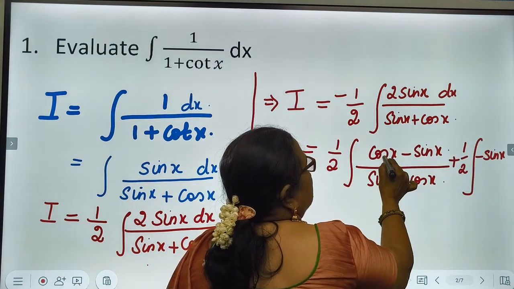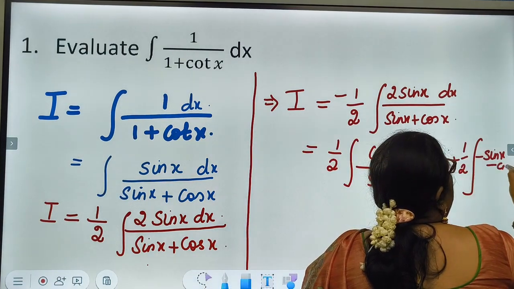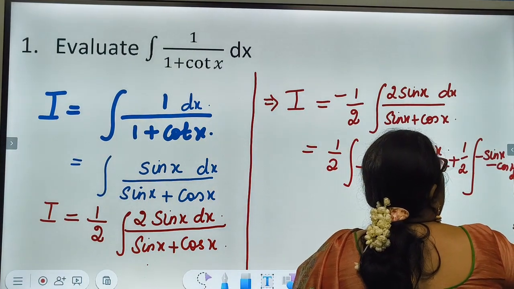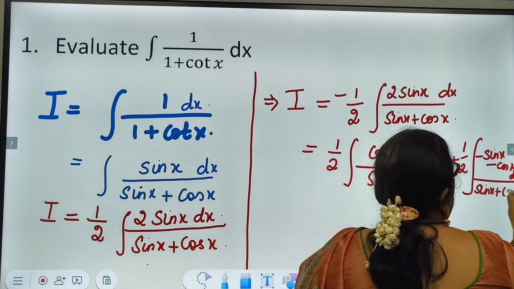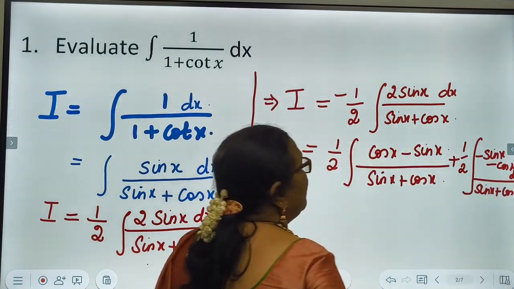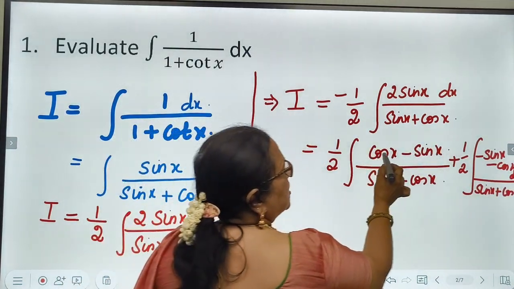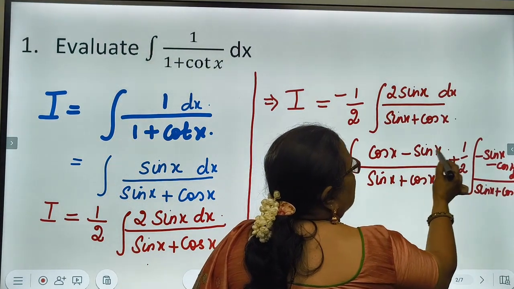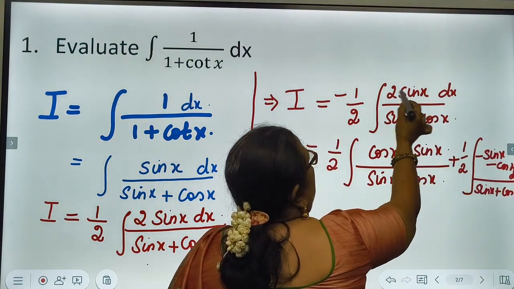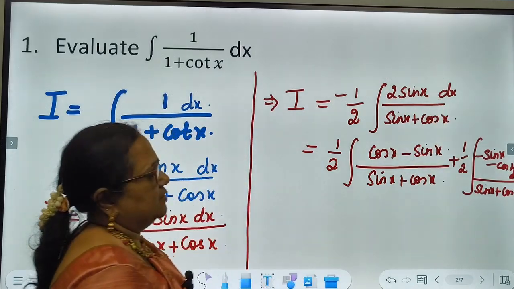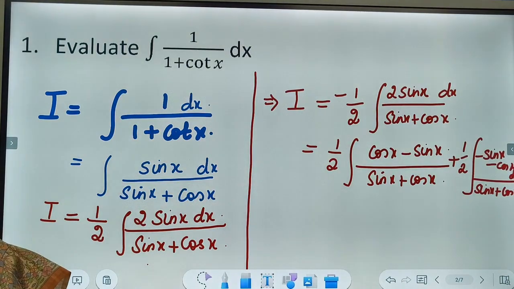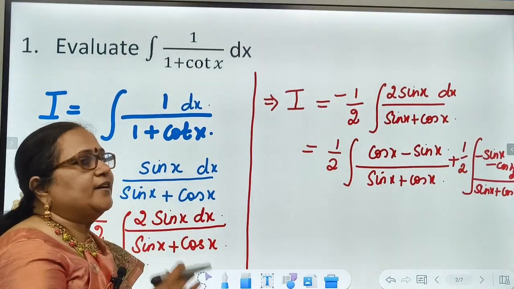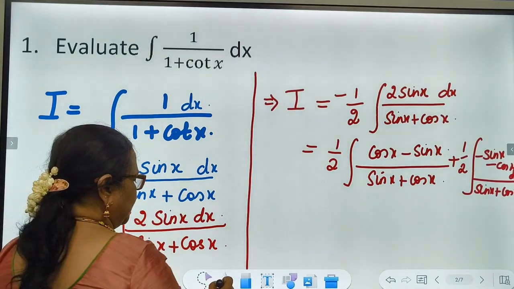I have added cos x here, so subtract cos x divided by sin x plus cos x. So now simplify the numerator. Cos x minus sin x is equal to minus 2 sin x. So I have added and subtracted cos x, and split it into two integrals.